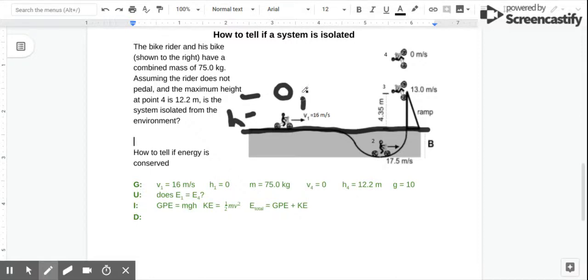He only has KE, so we're going to label that. Then we're going to look at point 4, and pretty much point 1. Up here he has 0 meters per second, but he's 12.2 meters above the ground, so he has GPE.